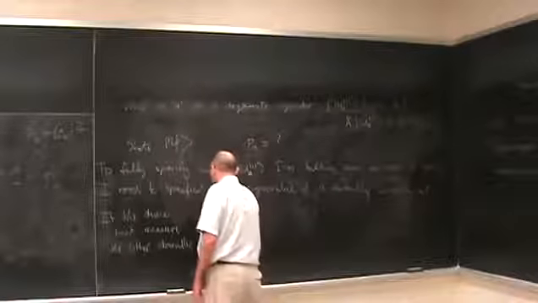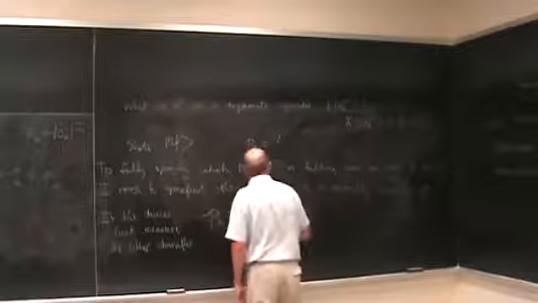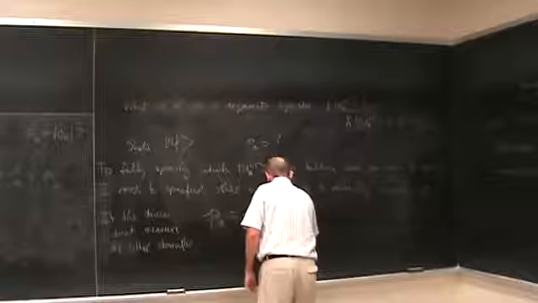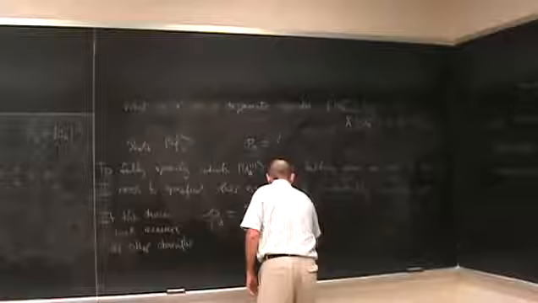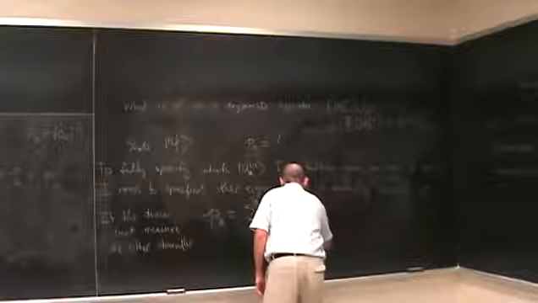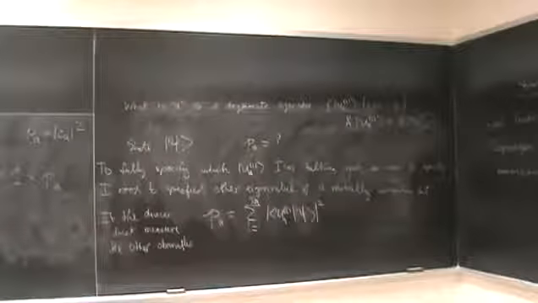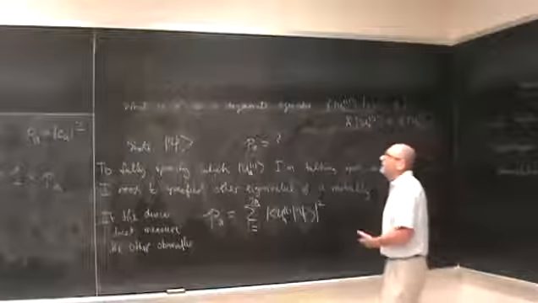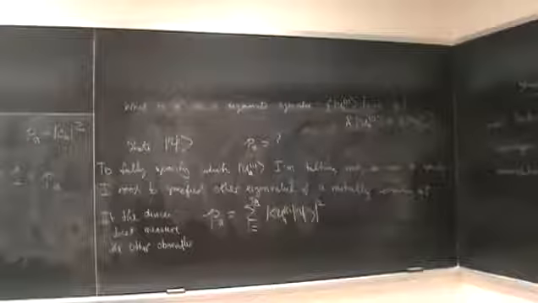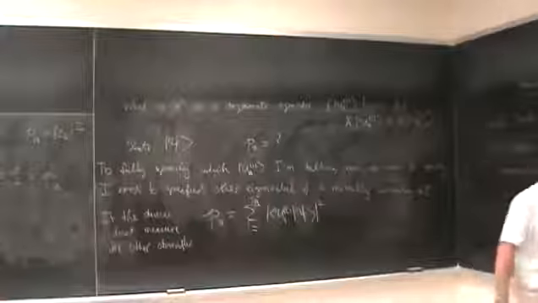In that case, the total probability would be the sum over all the possible probabilities associated with that outcome. Let me just finish this thought. Let's think about angular momentum.